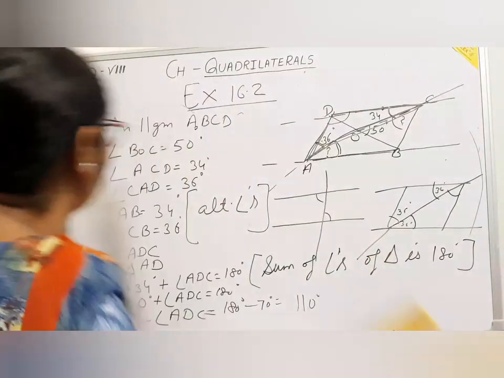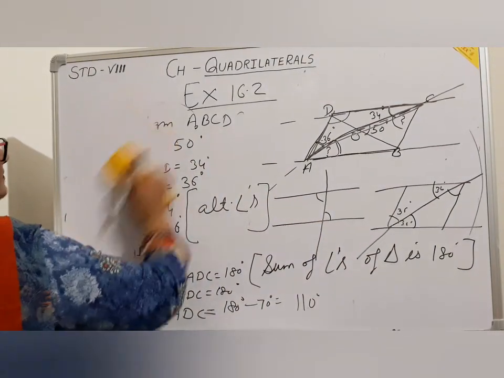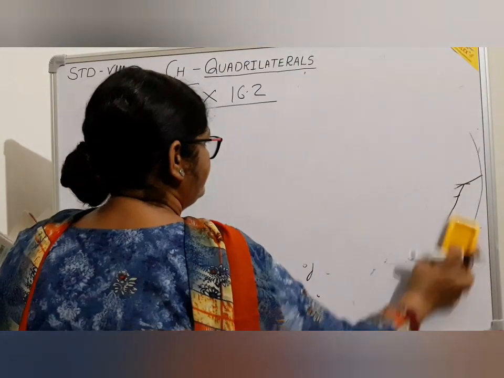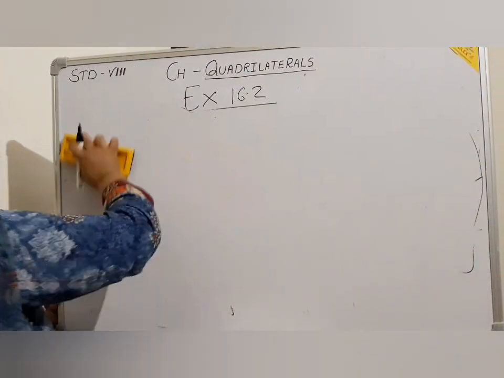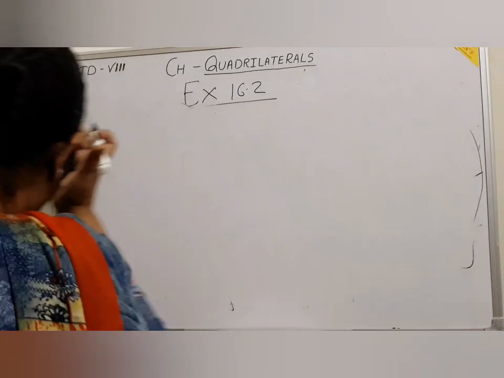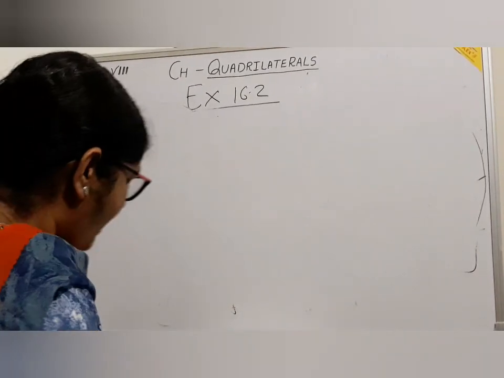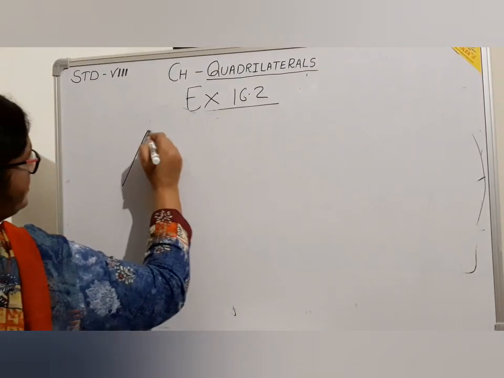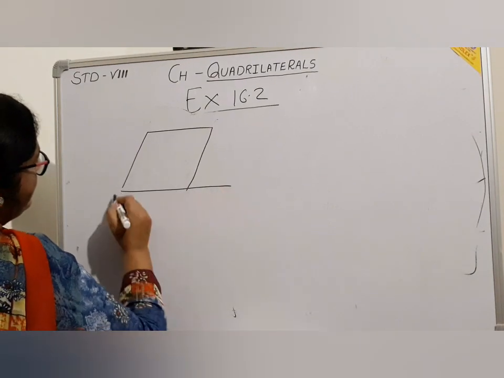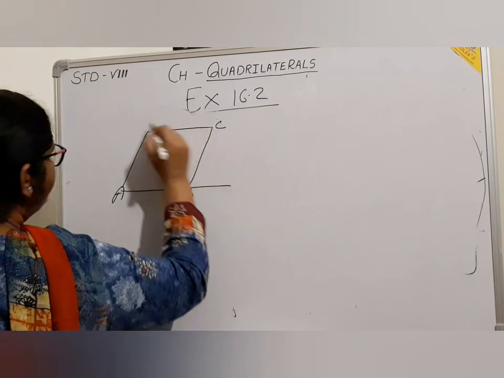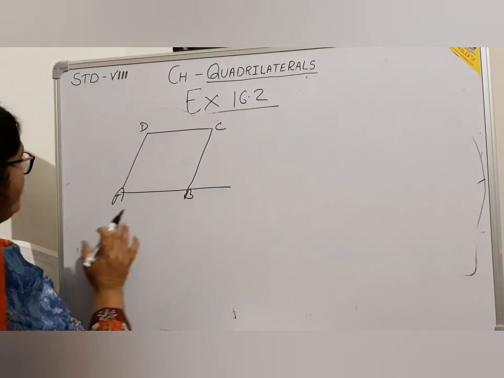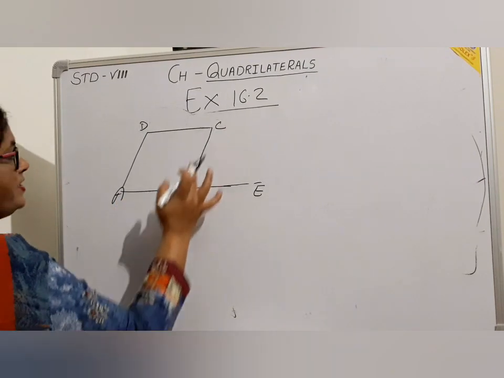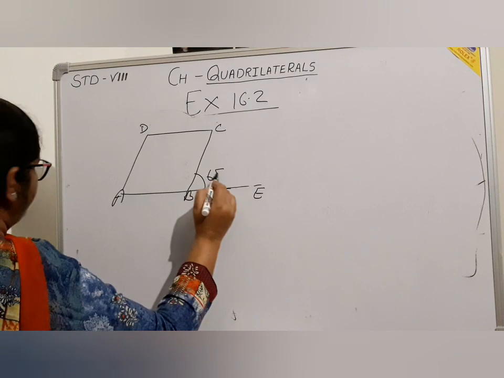Now the last sum of this chapter. Yes, the side of parallelogram ABCD has been produced to E, and angle CBE is equal to 65 degree.